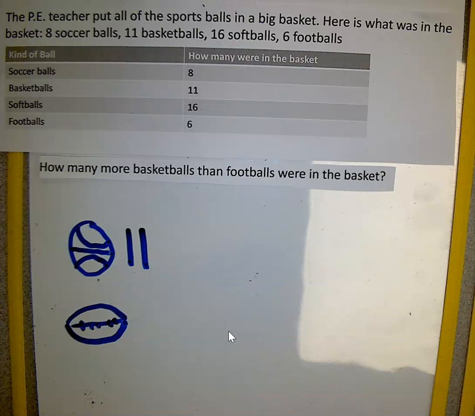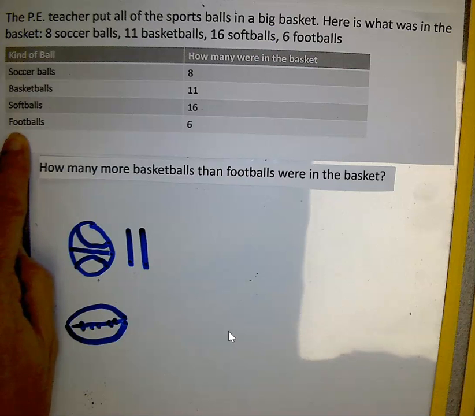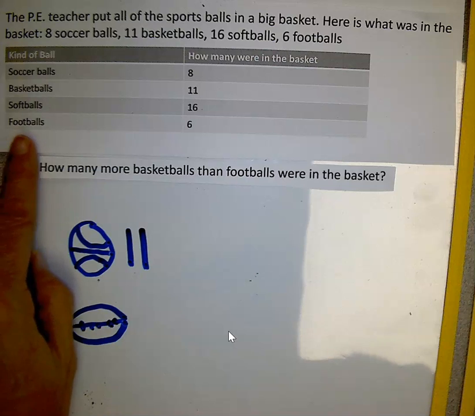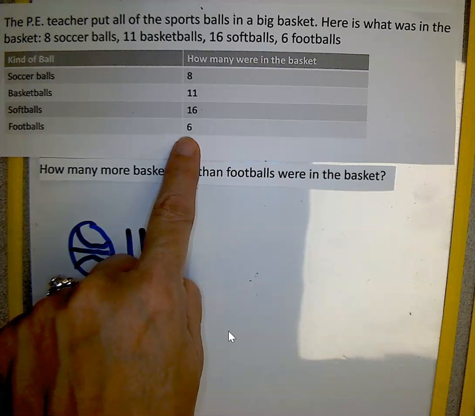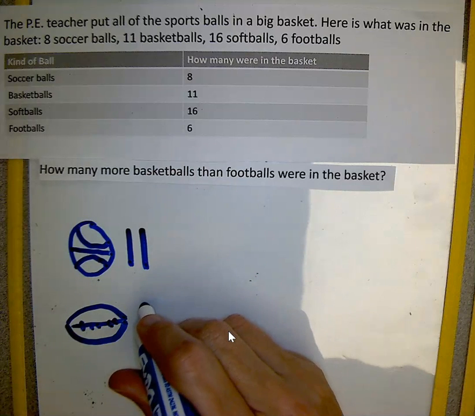How many footballs were in the basket? I can look back here at my chart and find the word footballs under the kind of ball. And if I look across here, it's going to tell me how many were in the basket. That's right, there were 6.